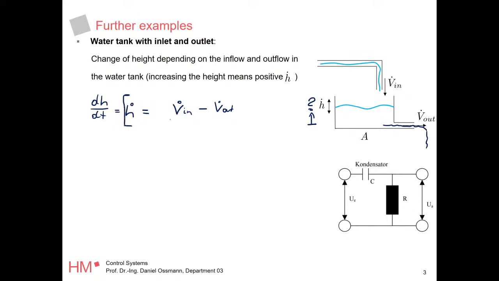Is this the whole differential equation? No, because it also depends on our surface area. So if we make this bigger, the speed of height change is going to be slower. If we make it smaller, it's going to be faster. So we need to multiply by 1 over a here.